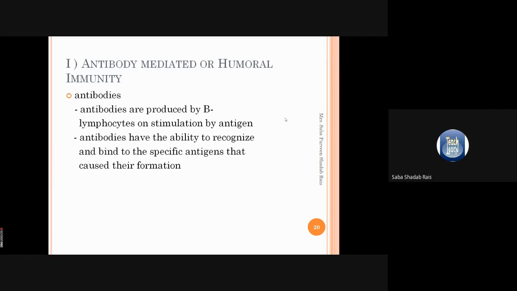The MHC molecule will interact with the T helper cells. Now, how do they talk? I told you they have a specialized molecule called interleukins. So they interact with the T helper cells with interleukin 1.